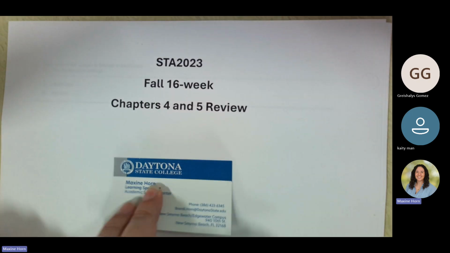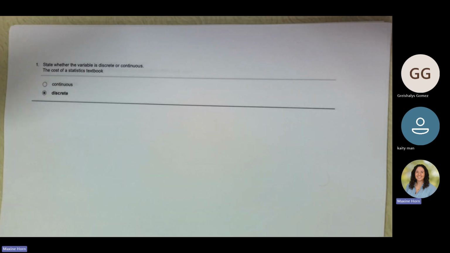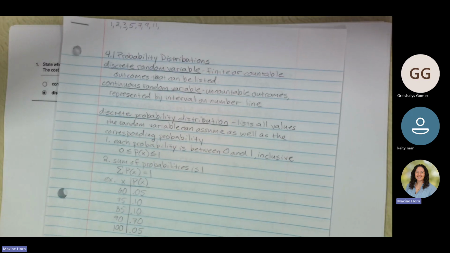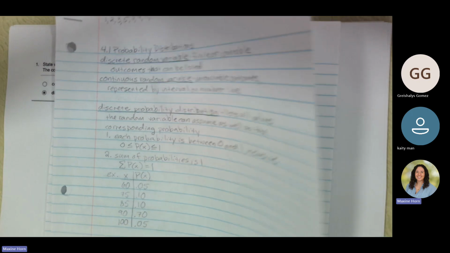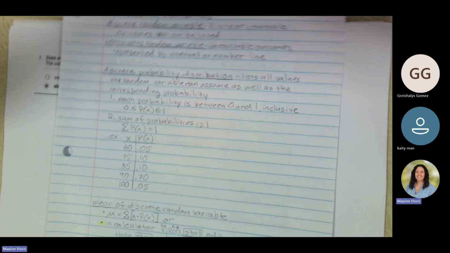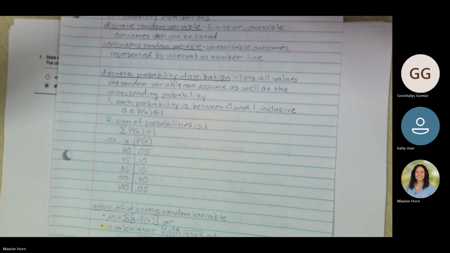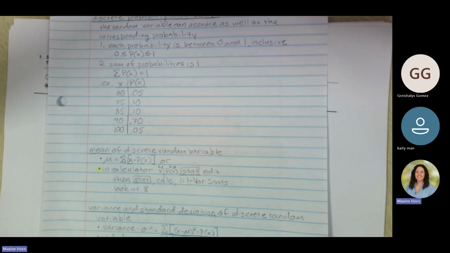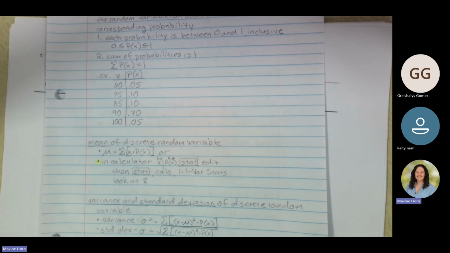All right. So, real quick, I just want to say that for this chapter, it's always a good test strategy, but what I did is I made a study sheet, a set of notes with important vocabulary and how to do things by hand versus how to do it on the calculator.